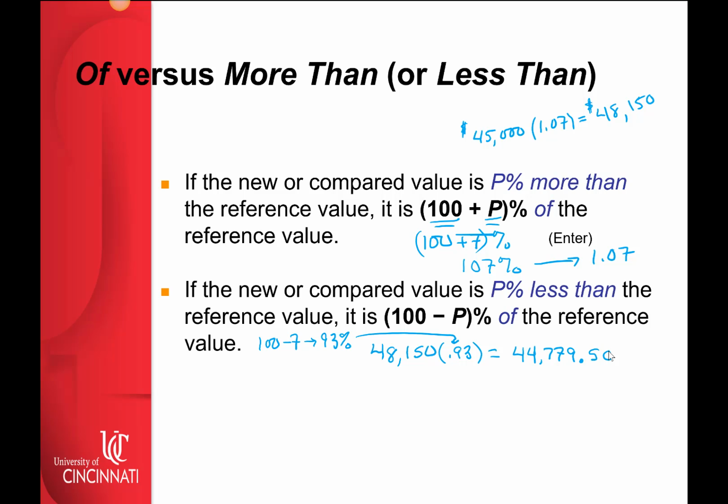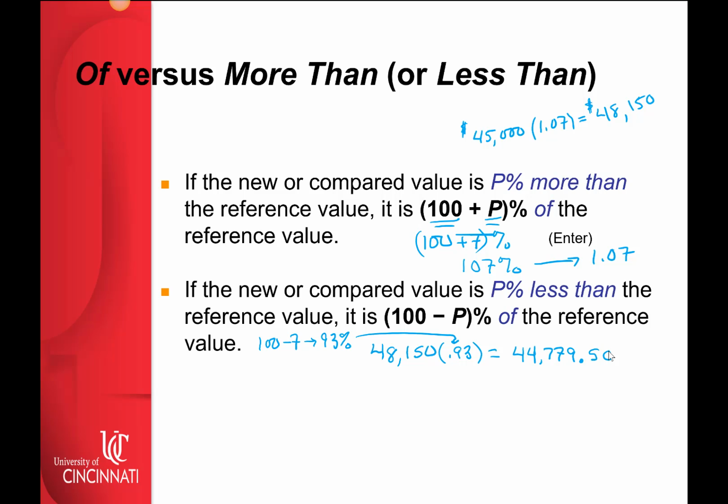When you take 7% of that, is 7% of 48,000 bigger or smaller than 7% of 45,000? It's bigger, isn't it? So if we each got a 7% raise, Nicole's raise would be bigger than mine, wouldn't it? Okay.